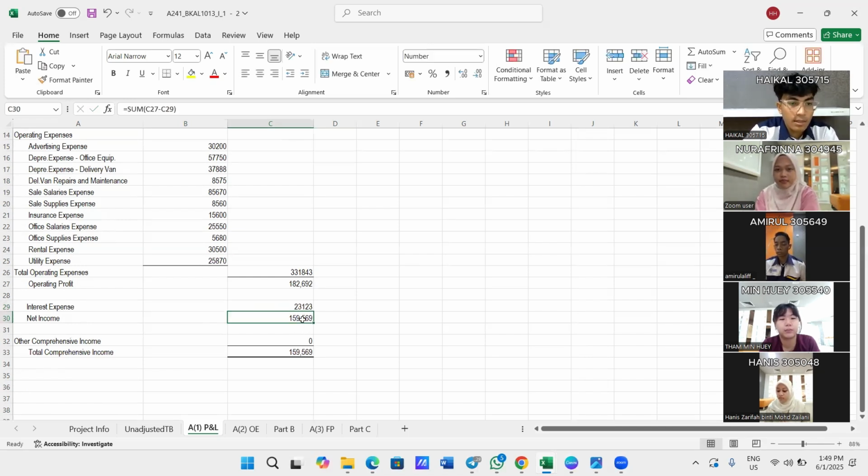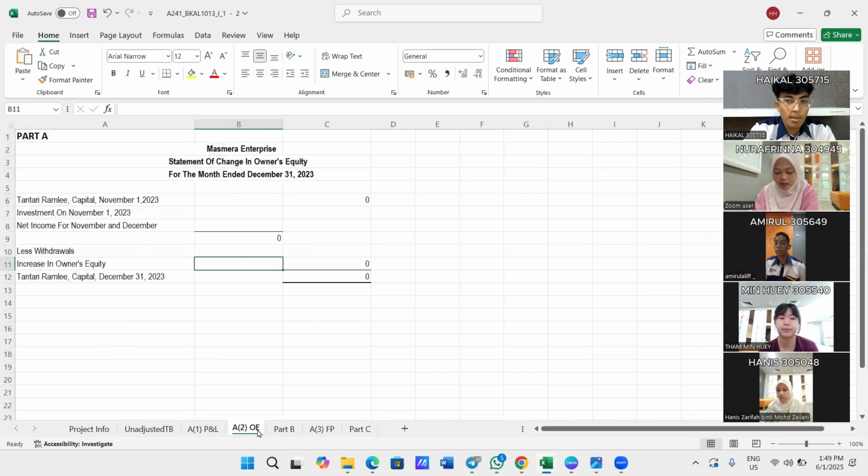To get the net income, operating profit minus interest expenses, 182,692 minus 23,123 equals 159,569. So the other comprehensive income is 0. So the total comprehensive income is 159,569. Okay, thank you, Haikal. That is for the statement of profit or loss and other comprehensive income for the month ended December 31st, 2023.